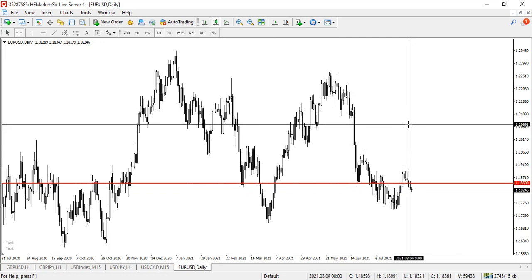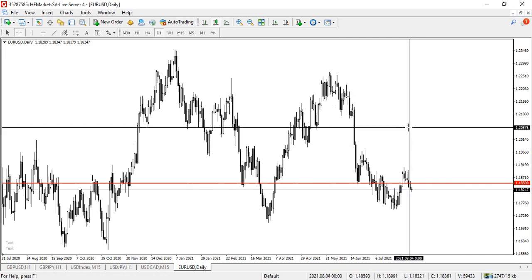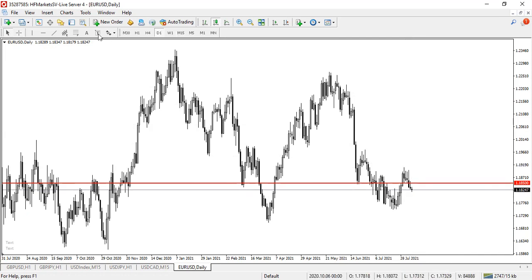Price rejected this level on the 4th. Okay, price broke through, no, it didn't reject it, it broke through, because what I see is price moving up from here and then coming down very strongly past level 50.